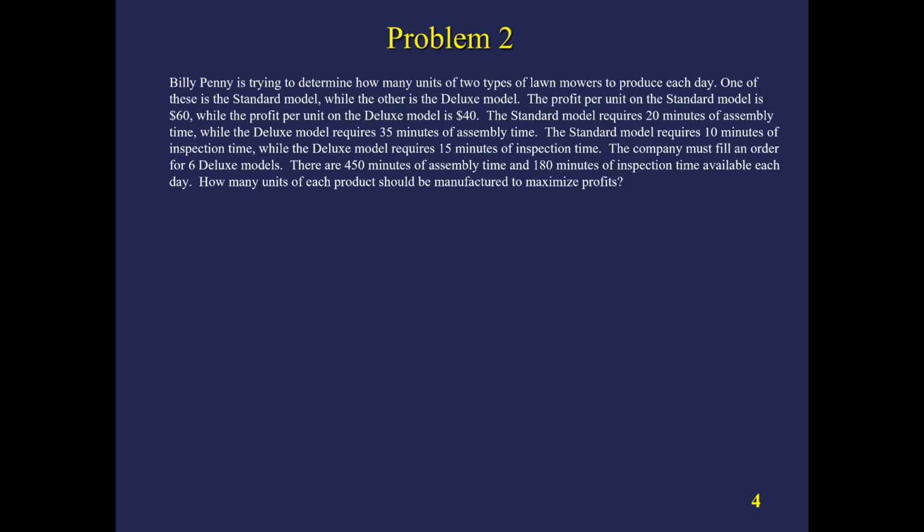Again, we can see that it is about maximizing the profit. We have two products to be decided, how many units of each product to produce. So the decision variables are clear to us: one is the standard model and another is the deluxe model. We define x1 as the number of standard models and x2 as the number of deluxe models.